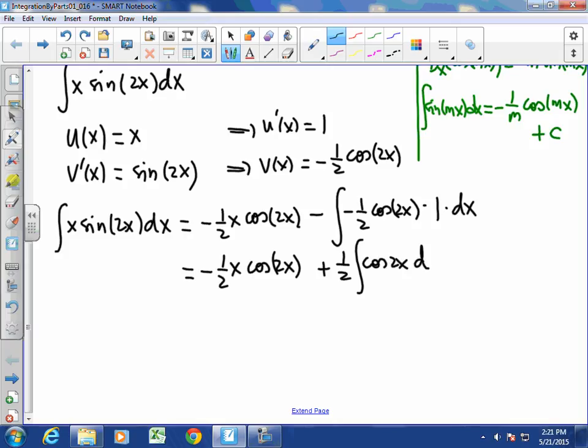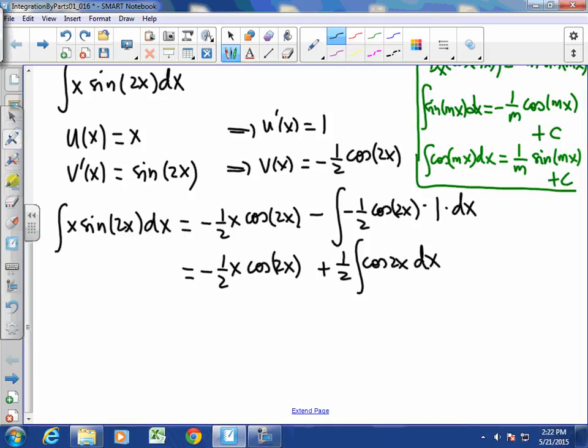2x dx. Now, what we did there for the integral of sine mx, if you take the integral of cosine mx dx, is going to give you 1 over m sine of mx plus constant. So that's what we are going to use here.